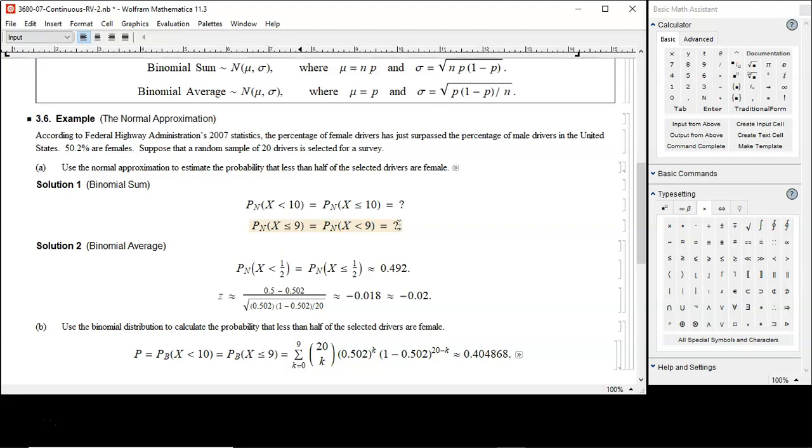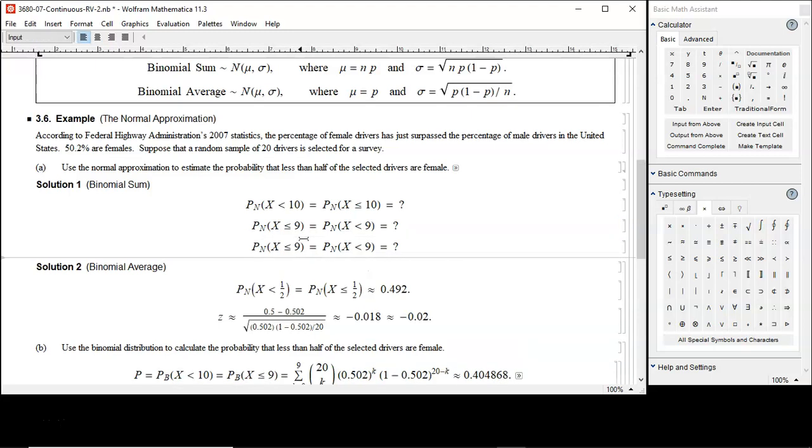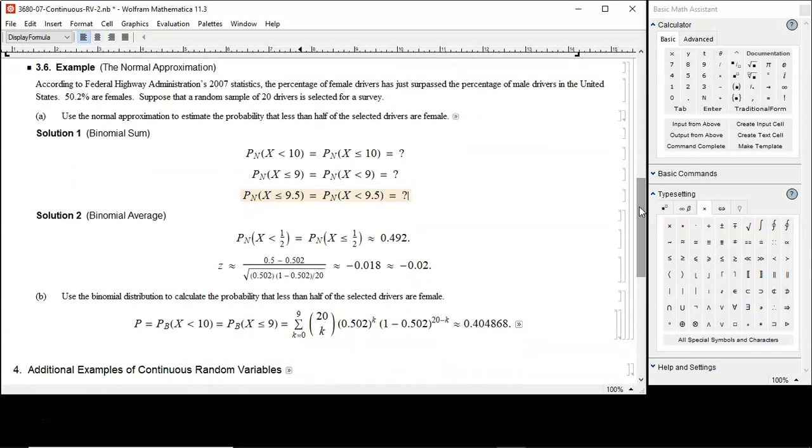So how do we mend this situation? The industry standard is to go right in the middle. Let's take that. So you see, if you compare this and this, it looks okay, but that's equal to less than or equal to 10.